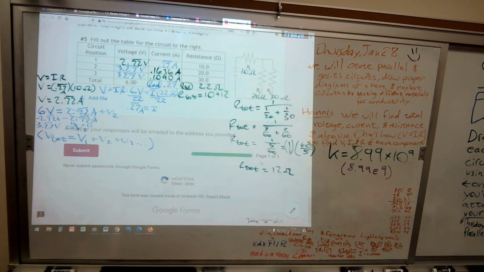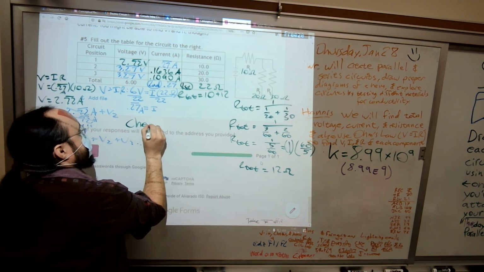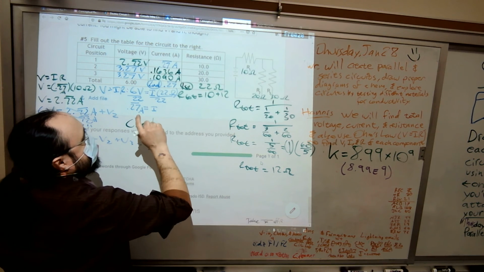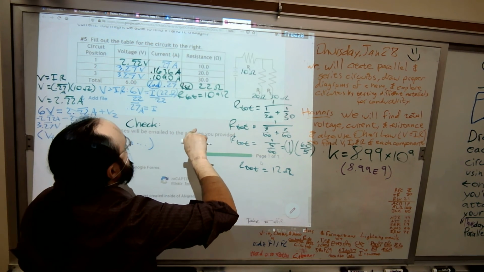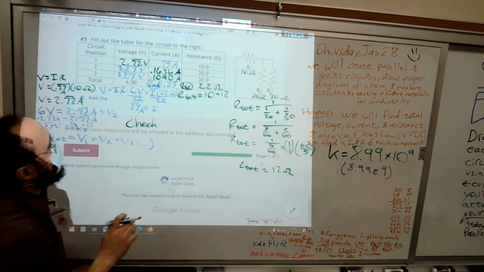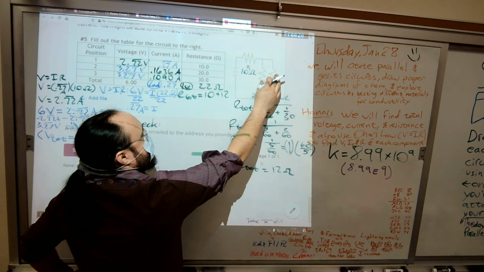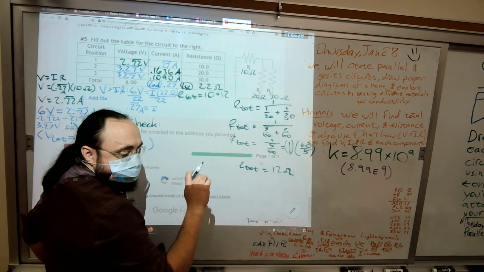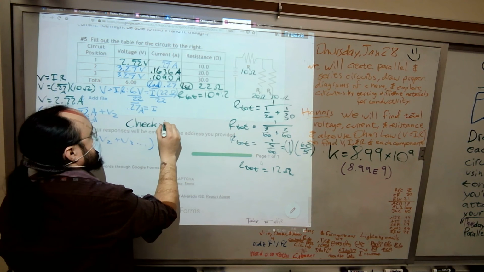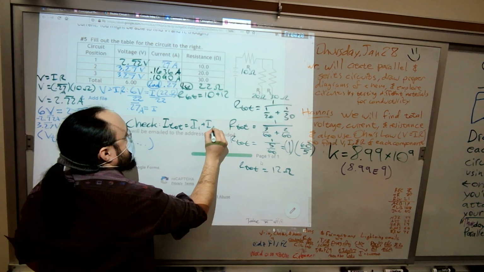Now, we should be able to check this, so I'm going to do a little check here to make sure I did it right. The whole thing is a series circuit, but this is a parallel section. So the parallel rules for current say that total current is I1 plus I2.